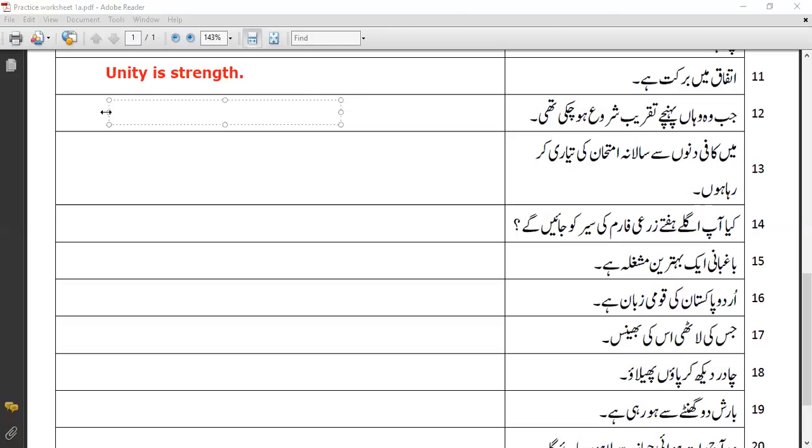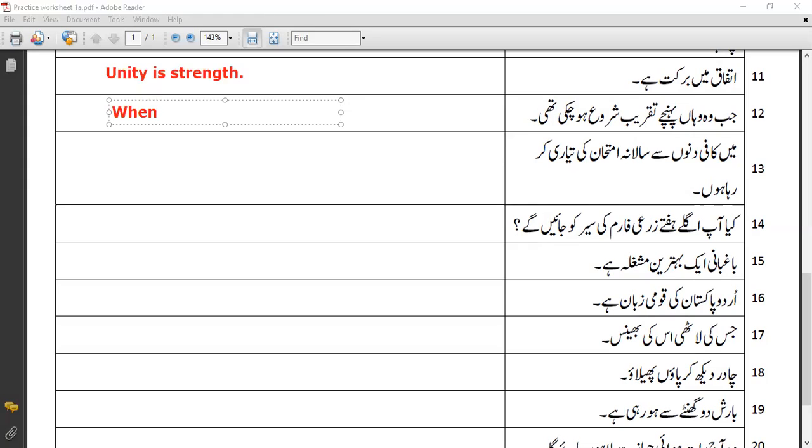जब वो वहां पहुंचे तकरीब शुरू हो चुकी थी. Okay, now for these kind of sentences, there are quite a few, and usually every year in the board exams they ask this kind of conditional sentence. Okay, this is one of the kinds where you can translate it.